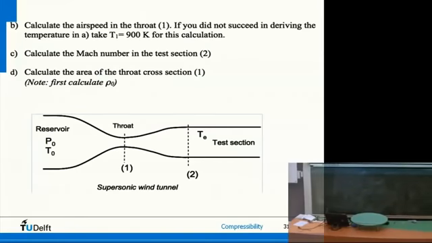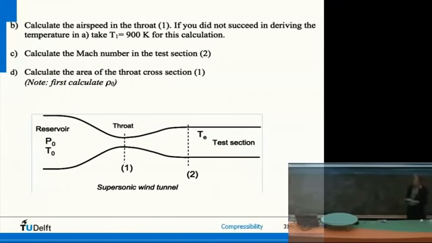Question B. Calculate the airspeed in the throat.